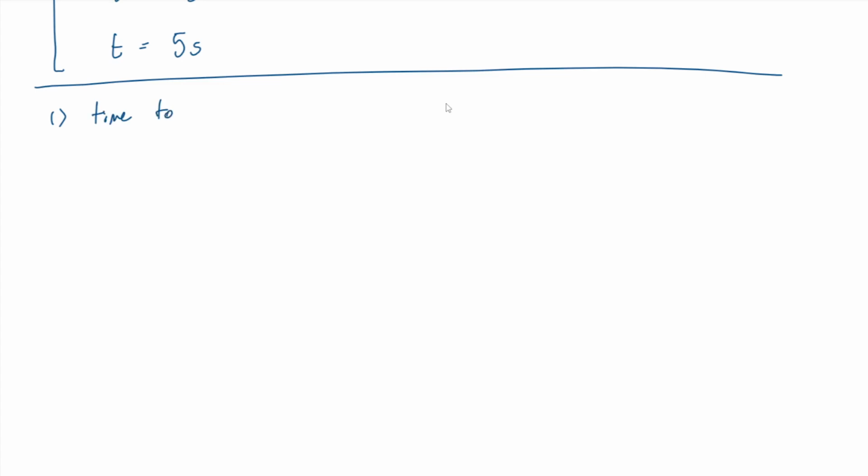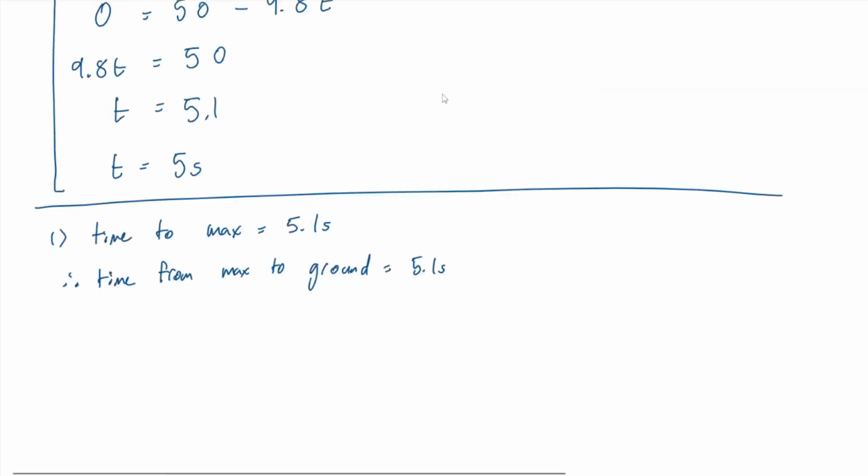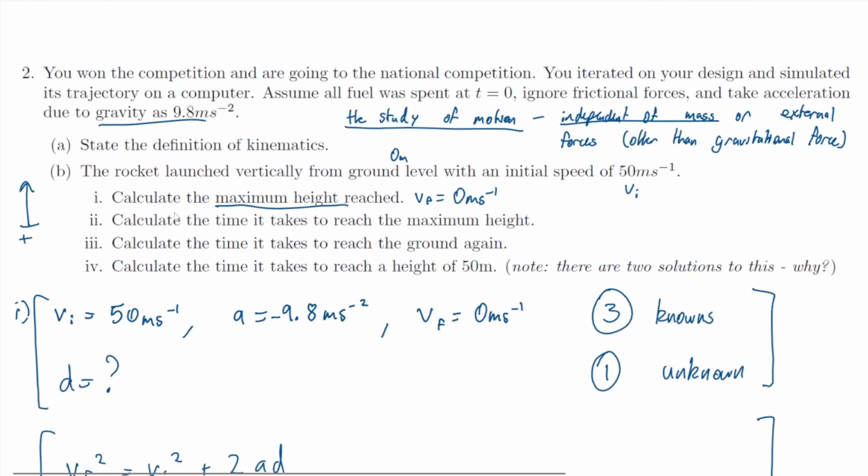Time to max, so unrounded was 5.1 seconds, therefore time from max to ground is also 5.1 seconds, and so the question exactly asks to calculate the time it takes to reach the ground again.